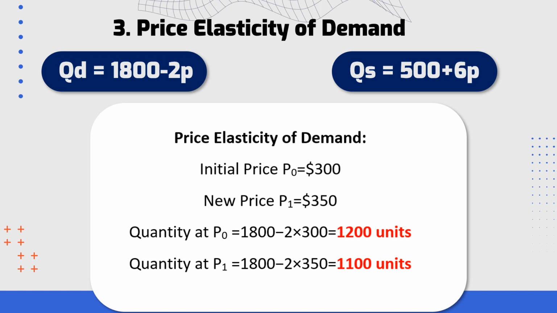If the price is 300 per one smartphone, the quantity demanded is 1,200 units. And logically, if the new price is $350, the quantity demanded is 1,100 units. So the law of demand is obviously working: the higher the price, the lower the quantity demanded.